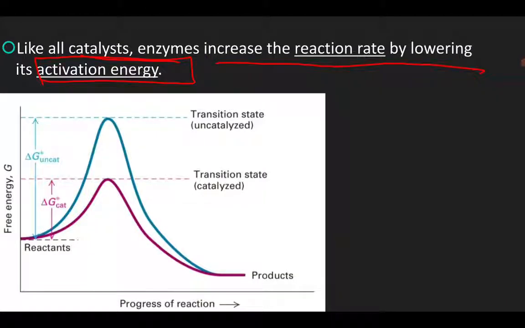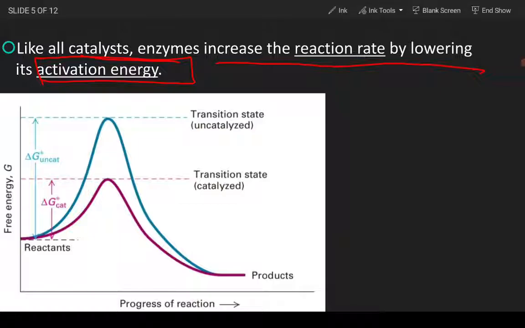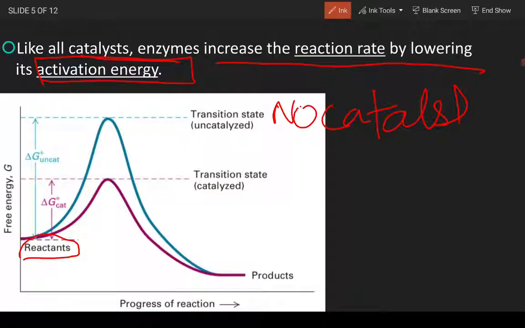So in general, when there is no catalyst, these are the reactants at this low energy state. The reactants are here, and they need to reach somewhere here, the transition state.